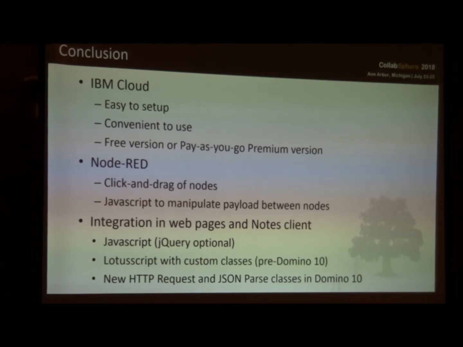I used the function node because I want to show you that you can write any regular JavaScript in there. You can show how to integrate it with web pages and nodes client. Use JavaScript, jQuery is optional. I'm sure you can build the same thing with PHP and whatever other tools you want. There's nothing here that's any magic, it's just a URL call really.